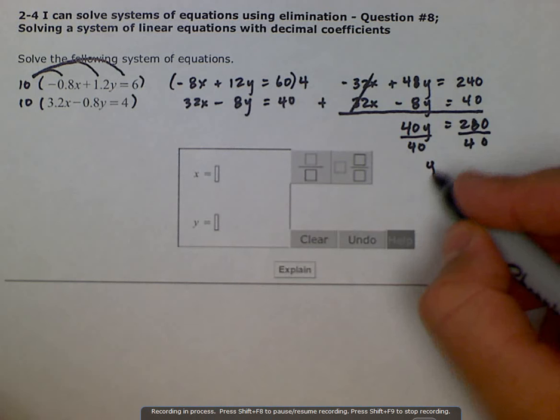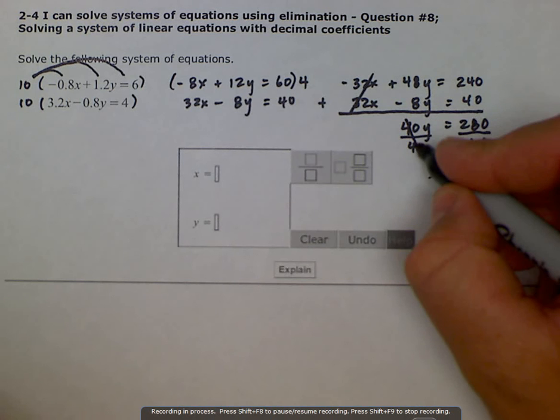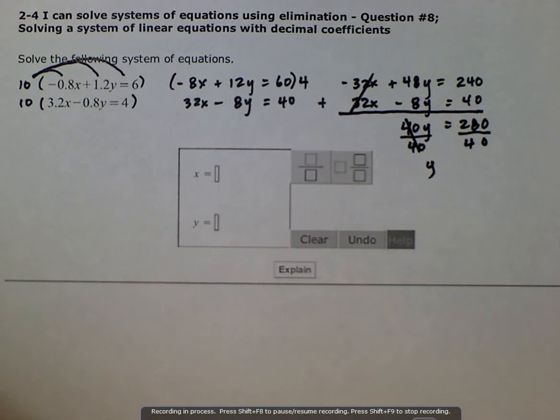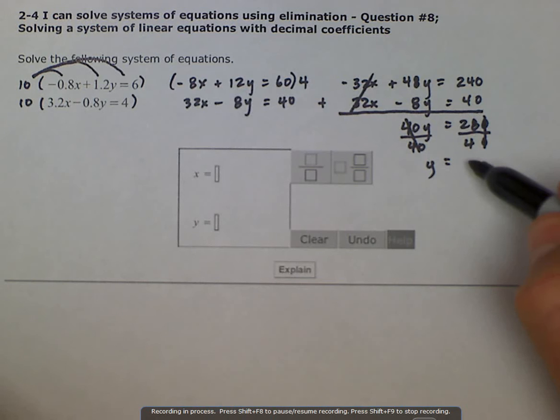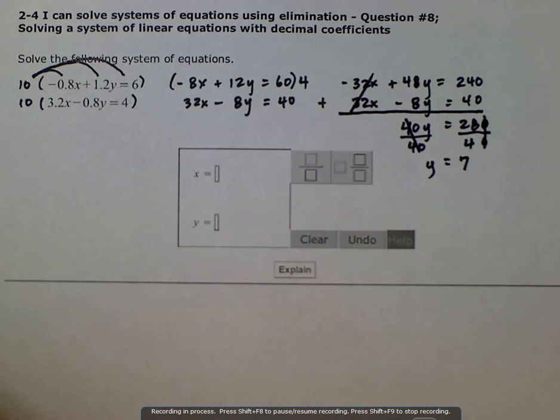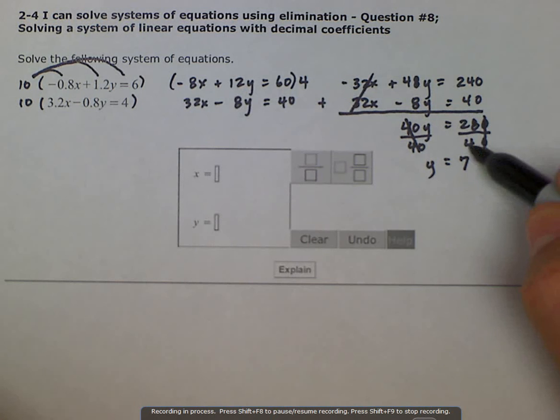And we have 40 over 40 cancels, leaving me with 1y. And that is equal to 280 divided by 40. We see that the zeros would cancel, and then of course 28 divided by 4 is just 7. So you can check your work: 7 times 40 should be 280.